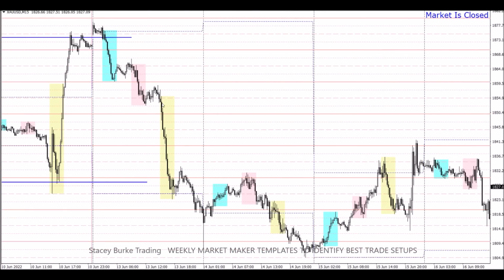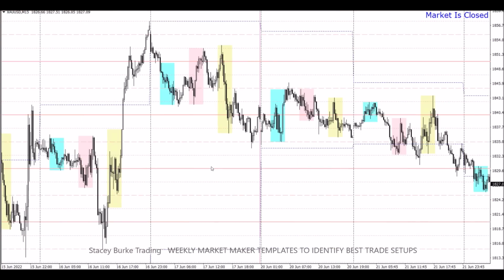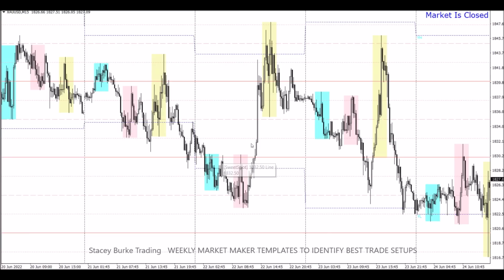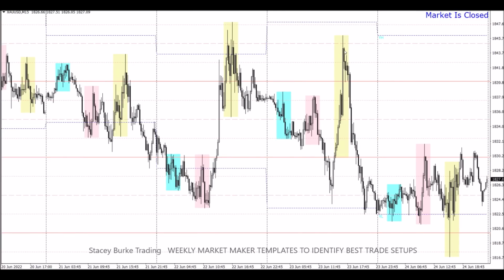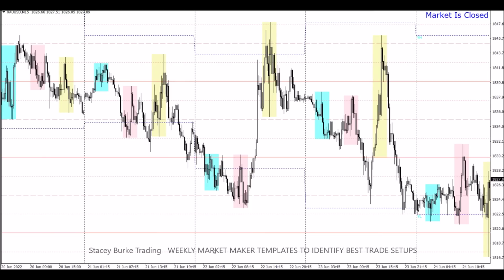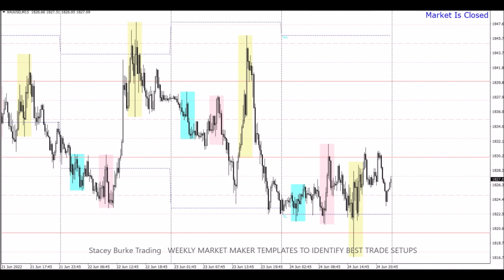But gold has 100 pip boxes and 50 pip stop hunts outside of the range. So there may be short trade opportunities once it goes 25 to 50 pips outside of the double zeros. We're inside at the low of the week, the low of the day, at the end of the London 3-hour window. And this is a 15-minute chart.